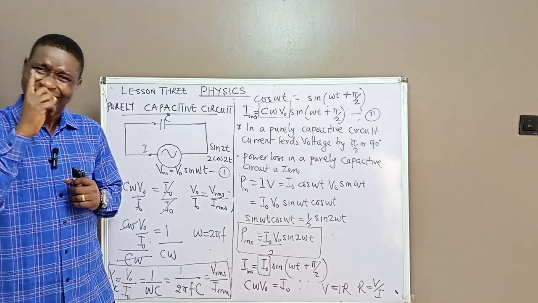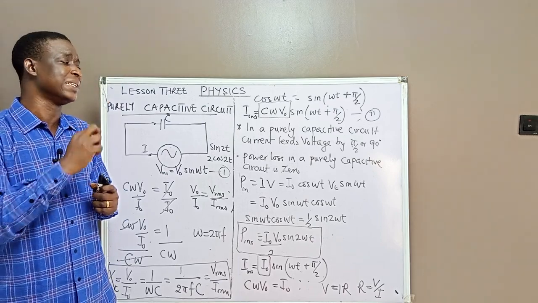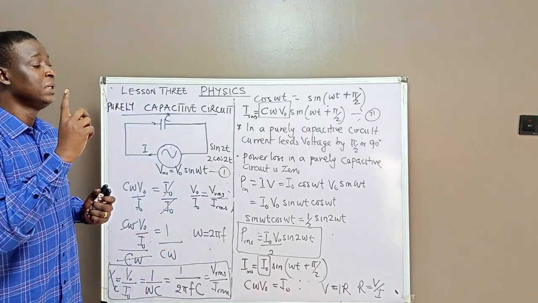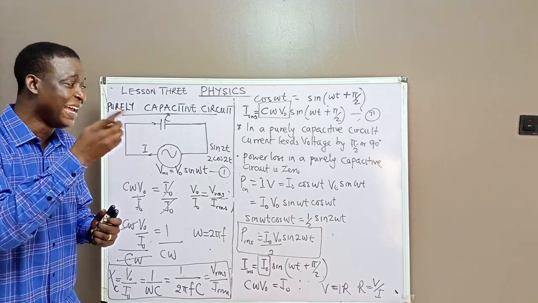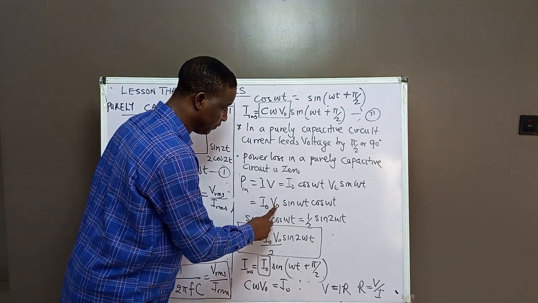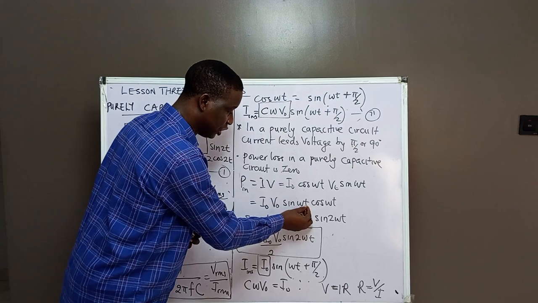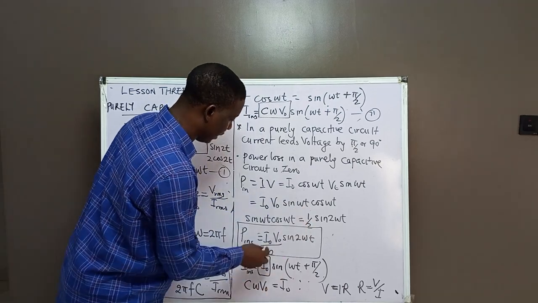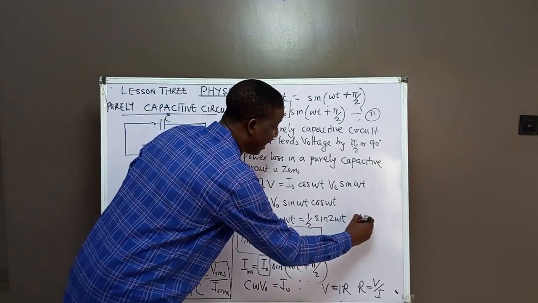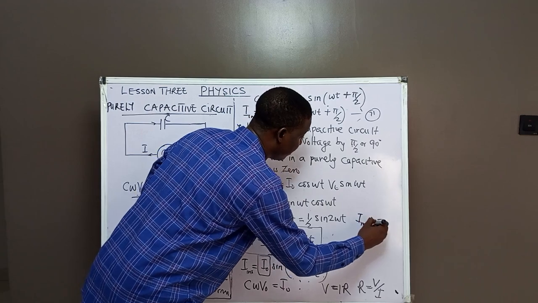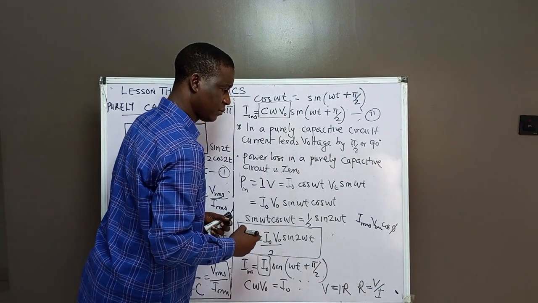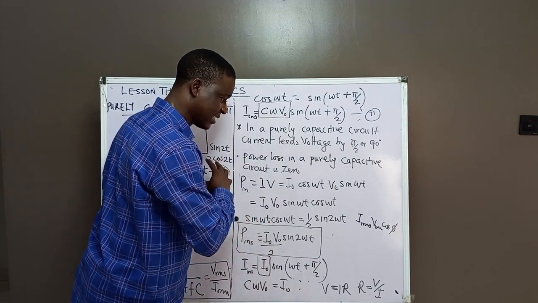Number two, the power loss in a purely capacitive circuit is 0. Why? Because all the parameters are changing. The formula for power loss is IRMS VRMS cos phi, which I gave you in lesson 2.